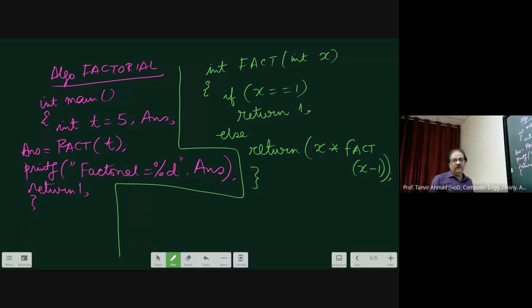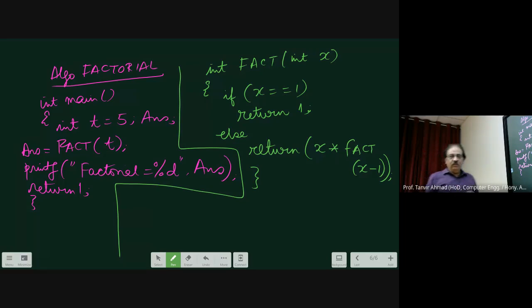This is a recursive function I have written: int fact(int x), if x equal to 1, return 1, else return x into fact of x minus 1. Now these two functions combined make a recursive call. Here fact is a recursive function, and this process of calling fact from main is recursion.